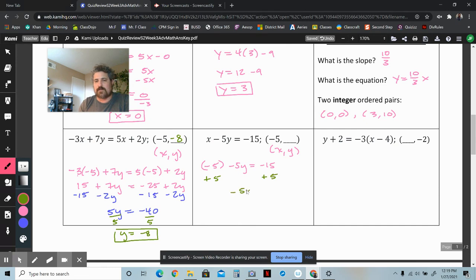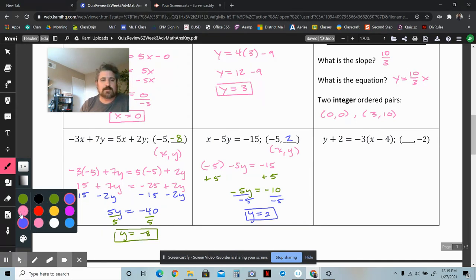You're going to get negative 5y equals negative 15 plus 5, which is negative 10. Then you want to undo times by negative 5, divide by negative 5 on both sides. And you're going to get y equals negative 10 divided by negative 5, which is positive 2. So what that means is that when x is negative 5, y is 2, and that ordered pair is a solution to this function, or in other words, a point on the line.